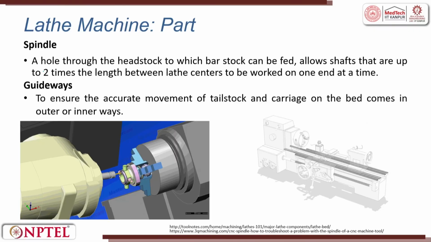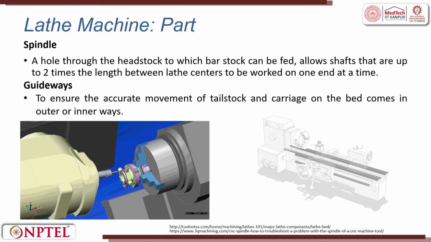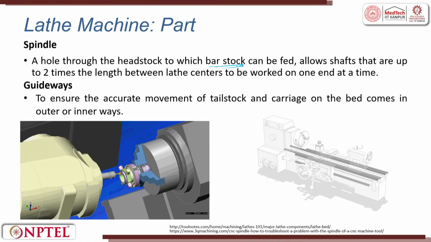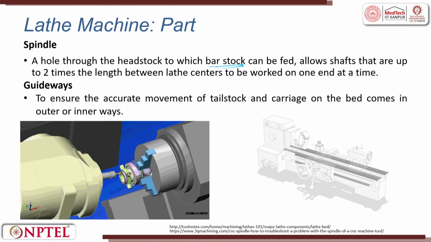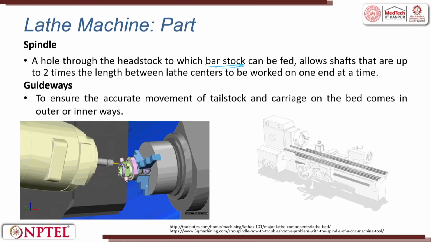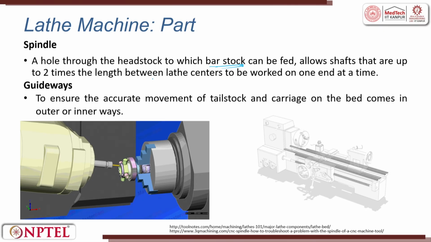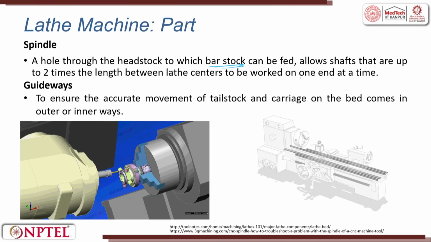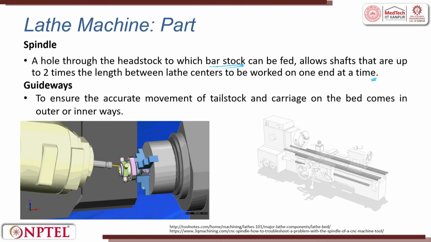For example, you continuously feed a bar. So, then once a certain amount is done, it will truncate, it will make a bolt or a nut or a screw. It allows shafts that are up to 2 times the length between the lathe centers to be worked on one end at a time.